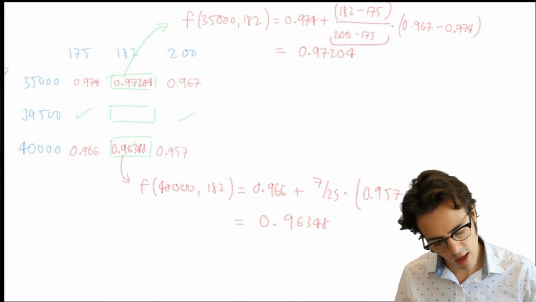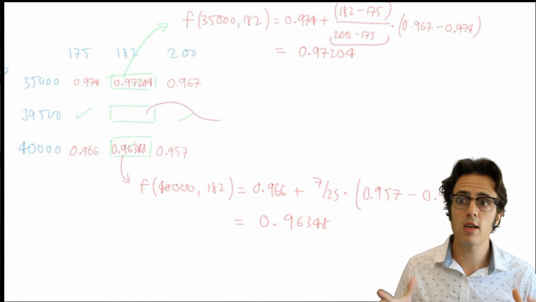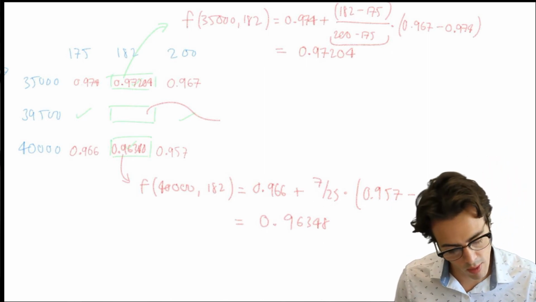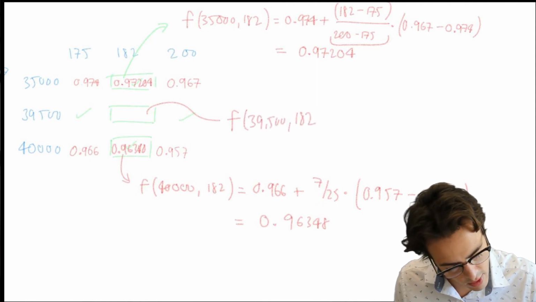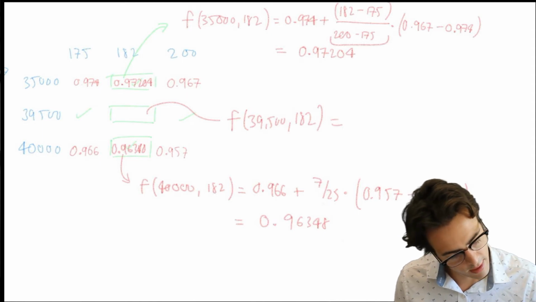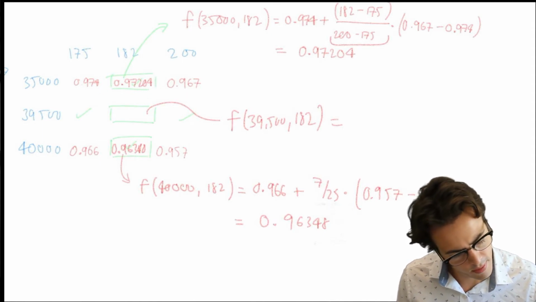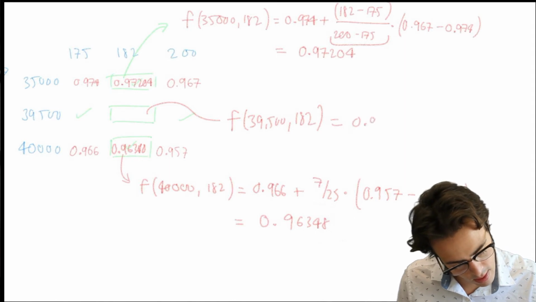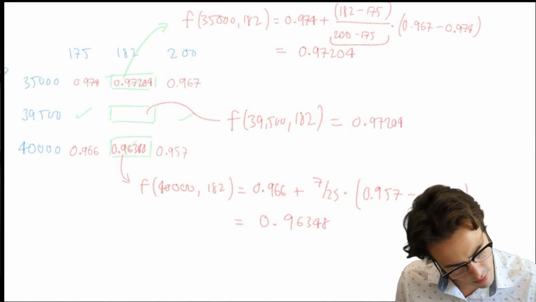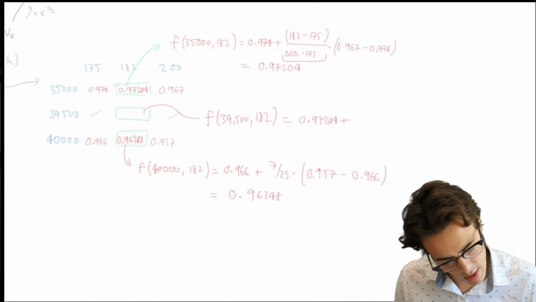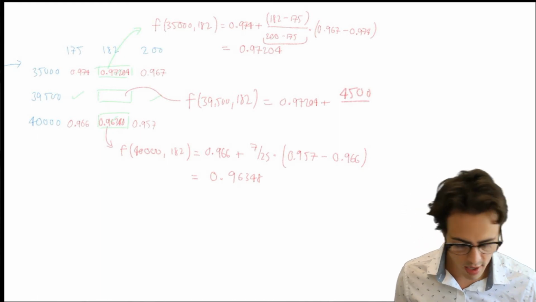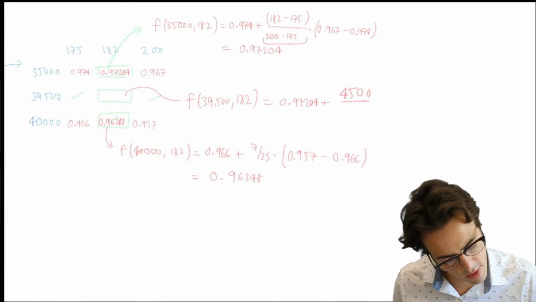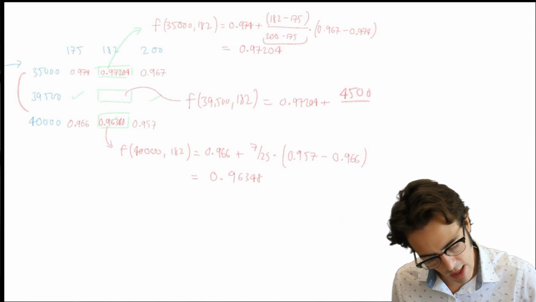So now we can interpolate this value here in the center, so we can get the value that would be in the middle of this table, which is the one that we want. So the pressure correction value for 39,500 and 182 is going to be equal to, let's take this first value here, the lower altitude, that's 0.97204 plus, now we are 4,500 feet above that altitude because we are 39,500 minus 35,000, and the difference between here and here is 5,000.